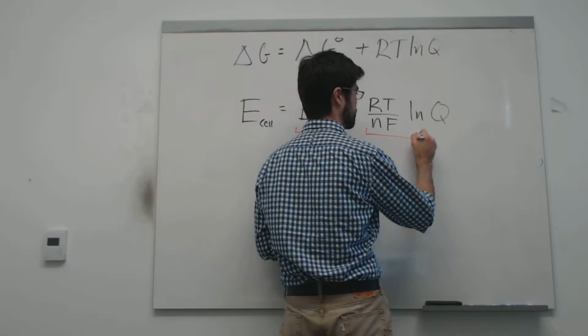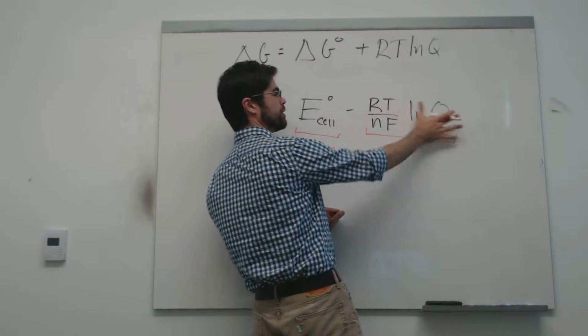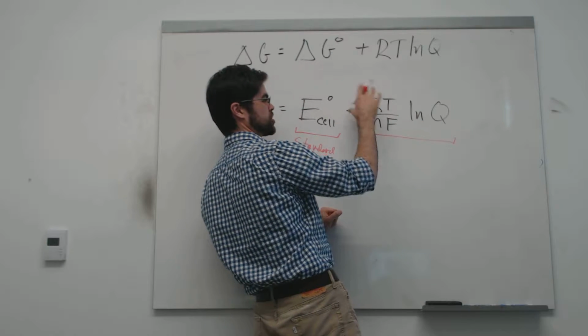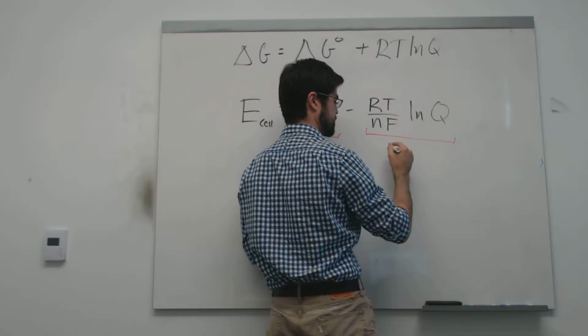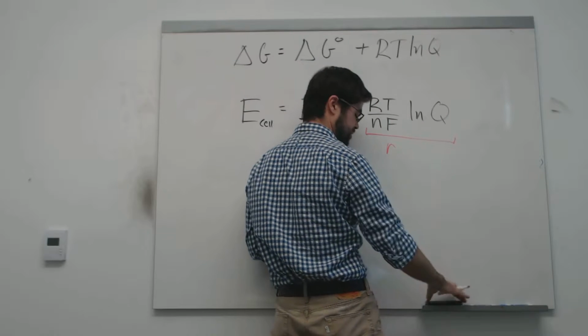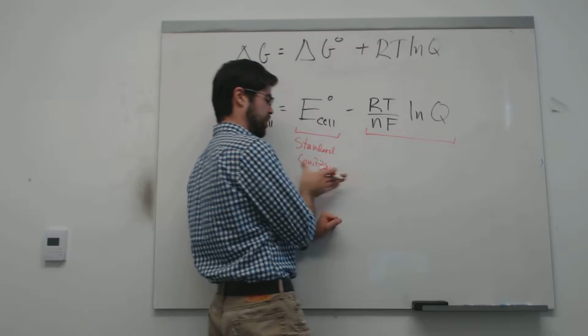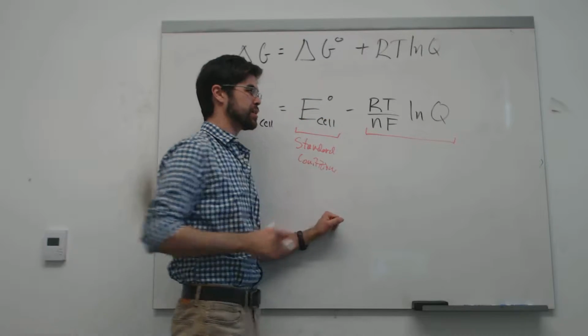And to some extent, you can think about this. All of these terms here, you're essentially just subtracting off one big term, and all of these terms together represent, in the way I see it, sort of a correction factor to the cell potential.